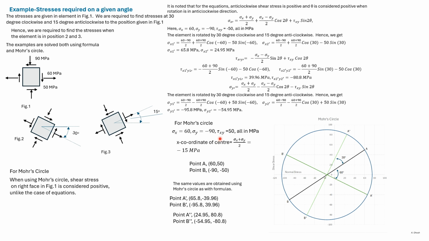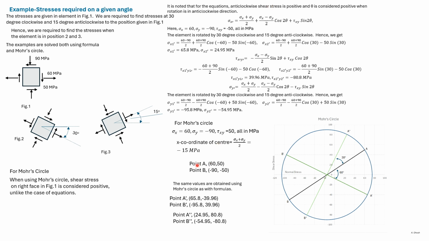These are the stresses we consider when constructing the Mohr circle. Now tau xy here is positive since clockwise is positive in the Mohr circle. The center is at minus 15 MPa. Point A is 60, minus 50, which we have plotted here.